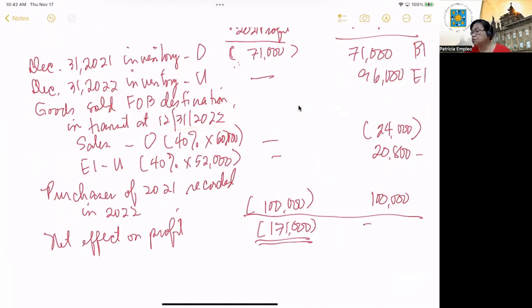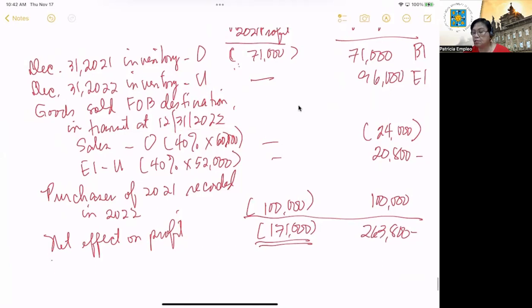So we have 263,800 net effect. Let me just do it one more time. Okay, so we have a net understatement of 263,800 profit before income tax before adjustment.